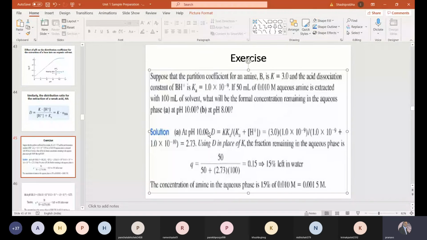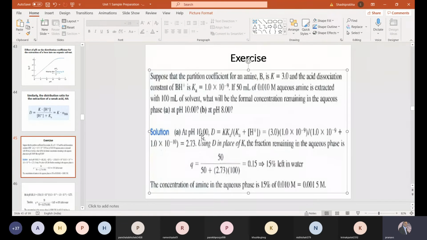And here, because at pH 10, a very small fraction of your base would be dissociated, would have been formed, therefore the D value would be slightly less than 3.